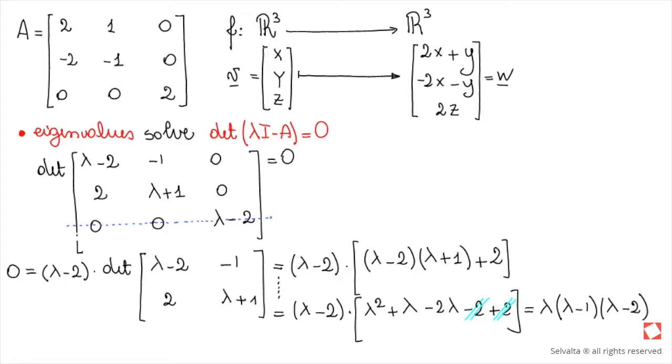Therefore, we have 3 eigenvalues. We have a first eigenvalue, lambda 1, which is 0, a second root, lambda 2, which is 1, and a third root, lambda 3, which is 2. We have a case of 3 real and distinct eigenvalues.